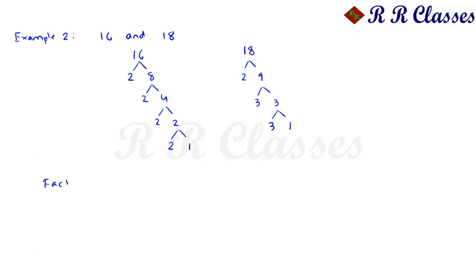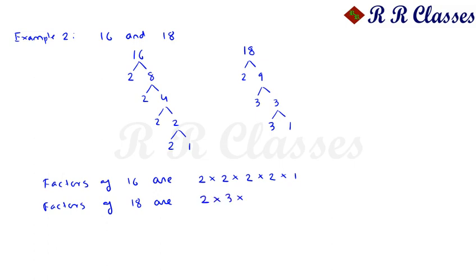Now factors of 16 are 2 into 2 into 2 into 2 into 1. Factors of 18 are 2 into 3 into 3 into 1.